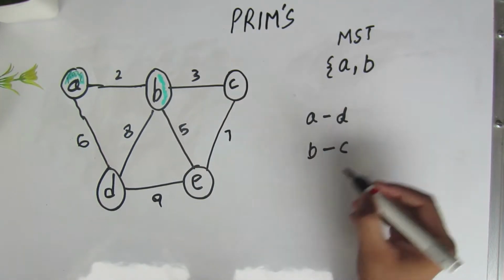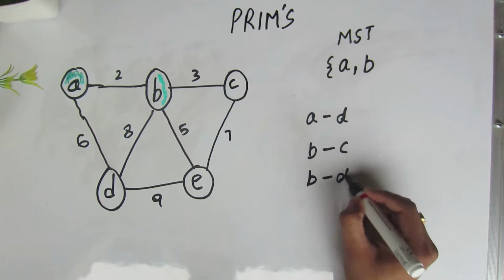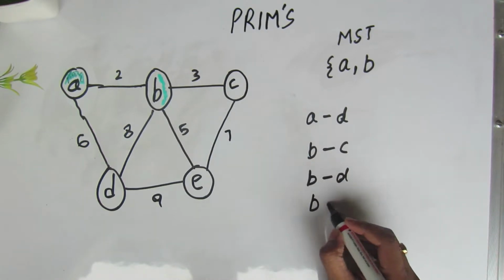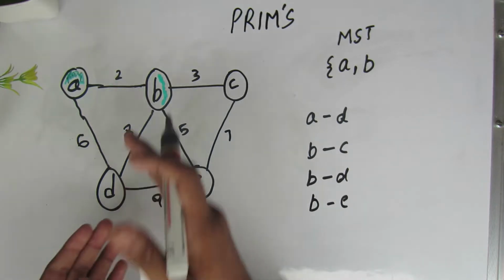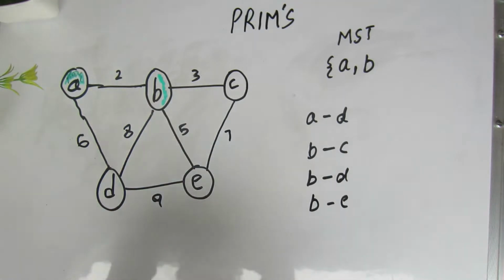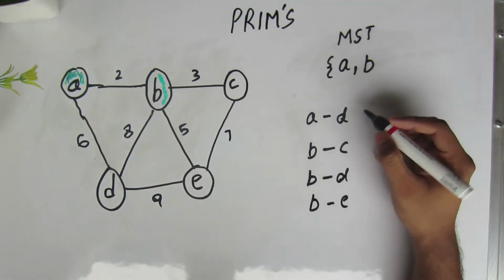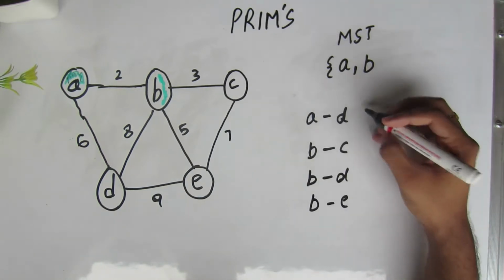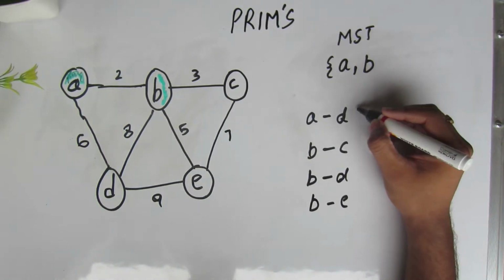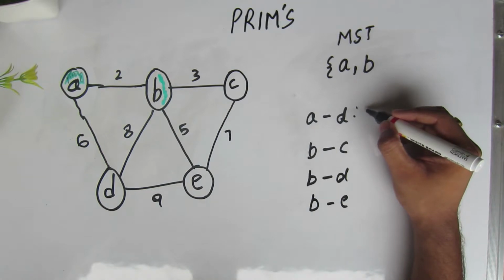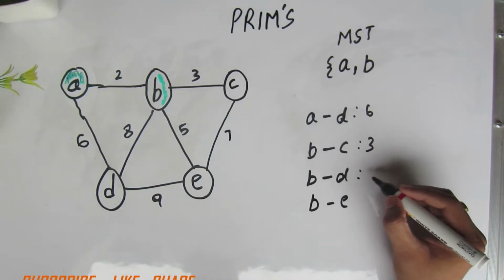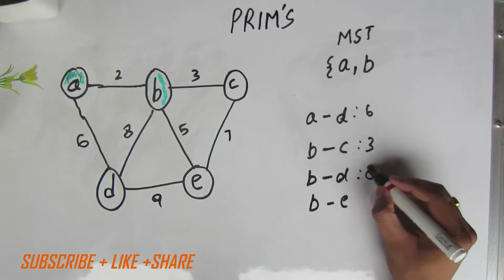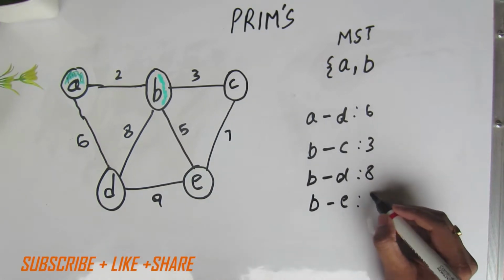B has B to C, B to D, and B to E. As this is an undirected graph, we have to consider each and every possible adjacent edge. So these are the possible adjacent edges of the candidate set. Let's consider the weights as well: 6, 3, 8, and B to E is 5.